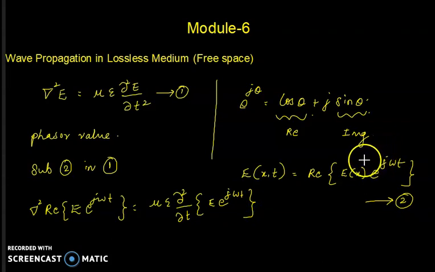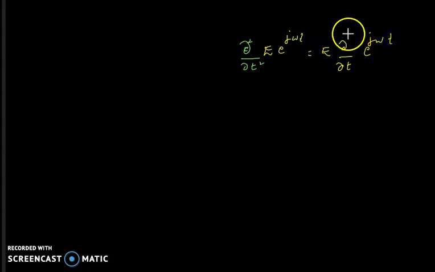Then what is this? If you take the partial derivative of the phasor value of E with respect to time, taking it 2 times, E we can take out, and e power j omega t remains.